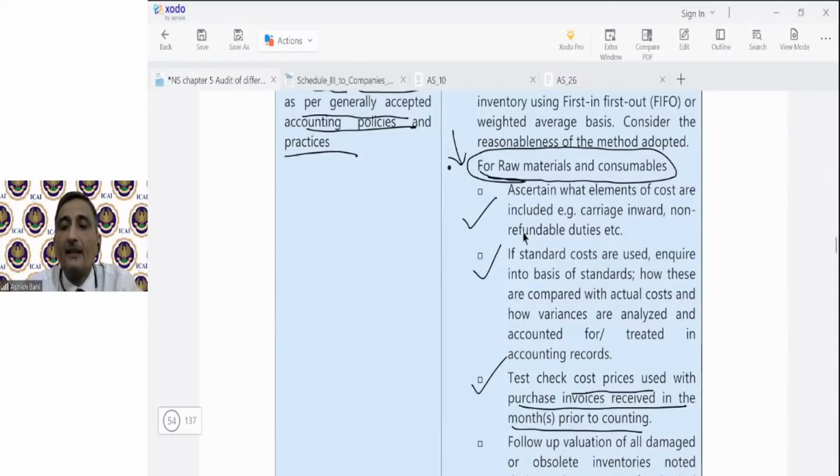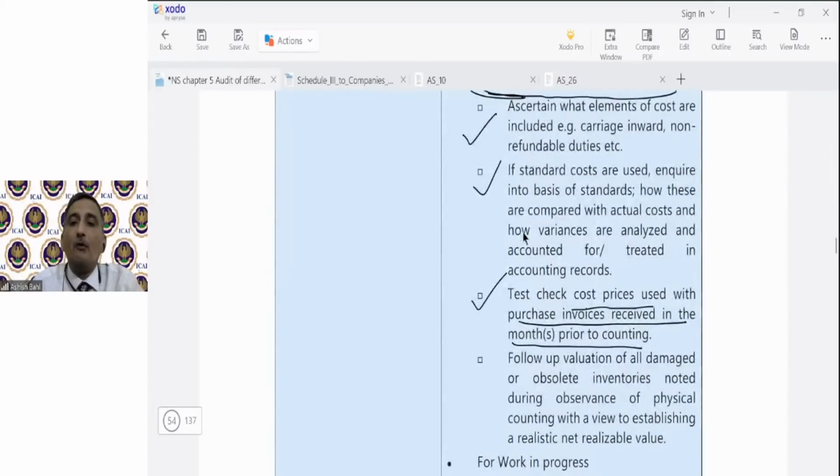Follow up valuation of all damaged inventories. If the auditor has found some obsolete or damaged items during the inventory count process, then how these are being valued by the company in its financial statements. Whether the company has made some provision for obsolescence, and what is the basis of this provision? All these things have to be verified by the auditor.